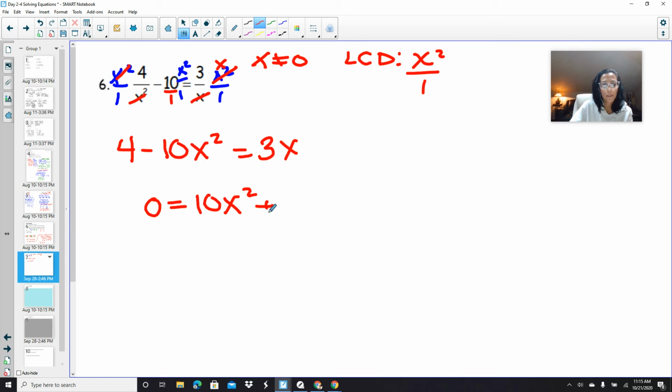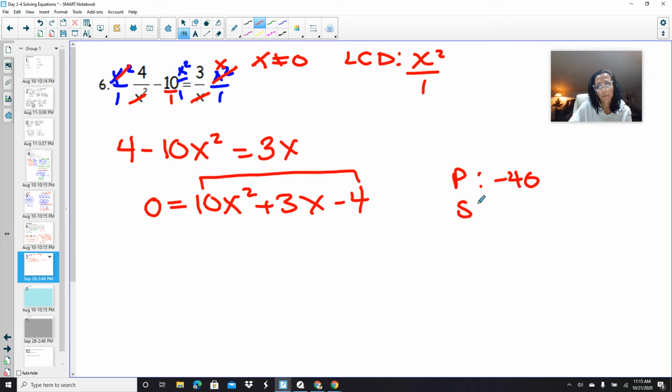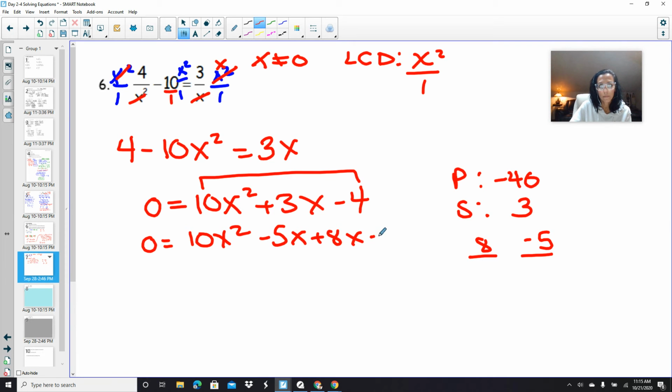10x squared plus 3x minus 4, and long product sum. Those magic numbers are 8 and negative 5. Now we expanded that, and now we're going to group and GCF.